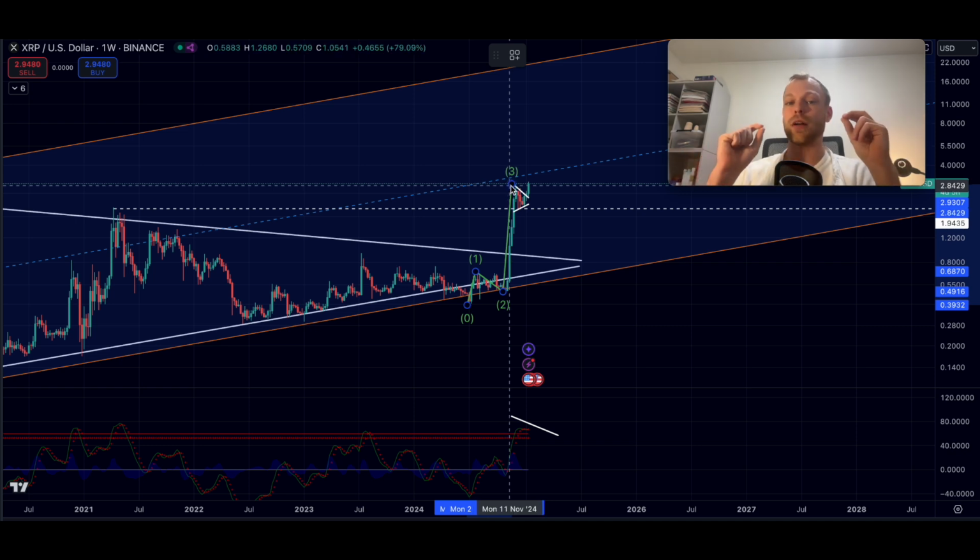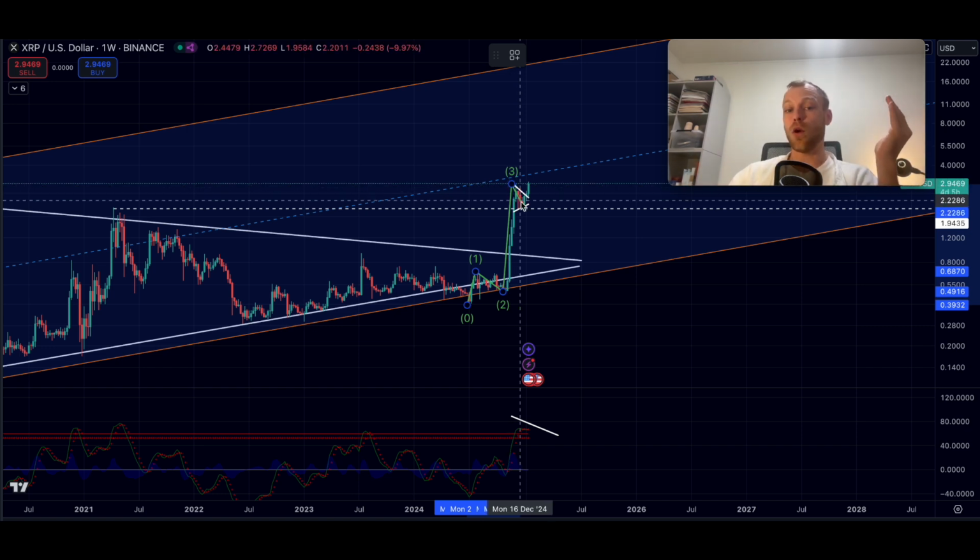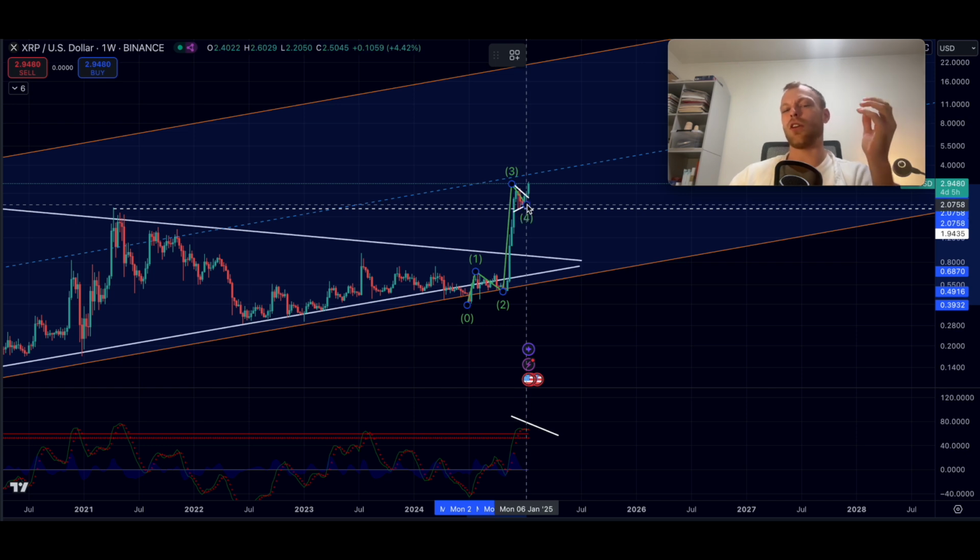And the third wave, guys, how do we know that we potentially are in the third wave? That is because the third wave is always the longest extension in the direction of the trend, which in this case is an uptrend. And the fourth wave is typically a choppy correction.